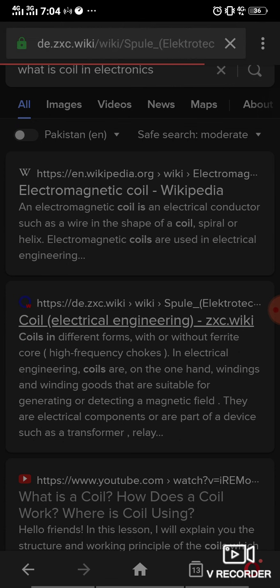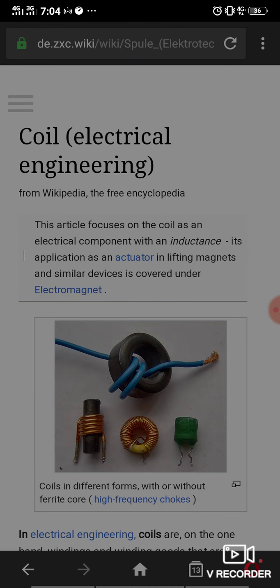So we go to the second website, and here is some detail about coil.